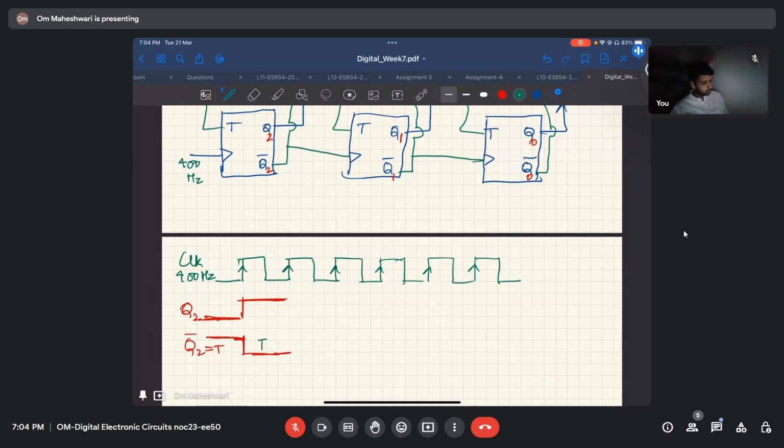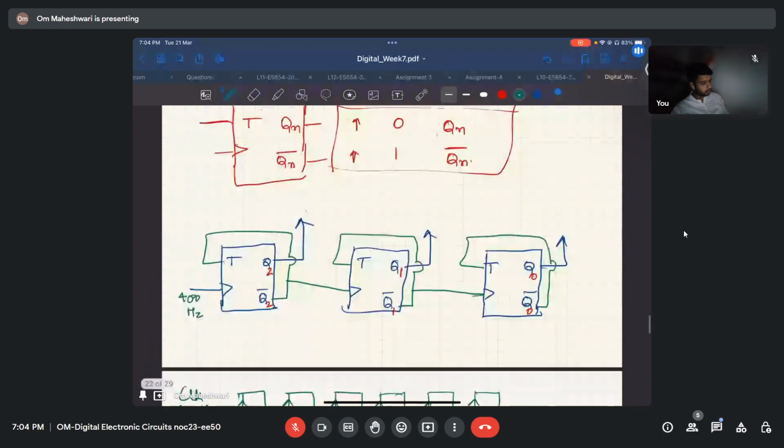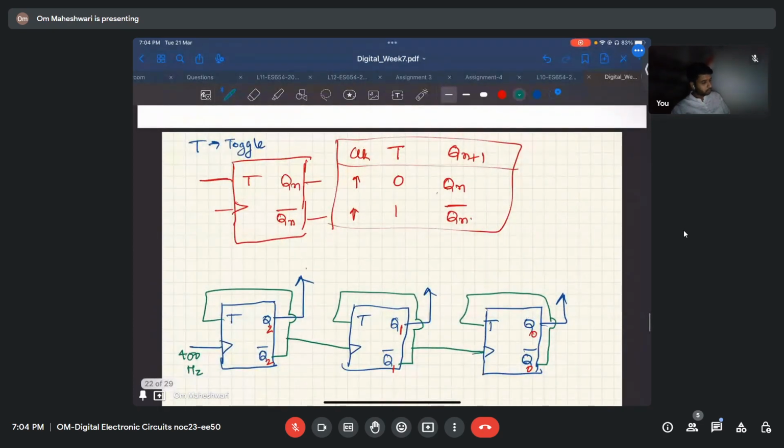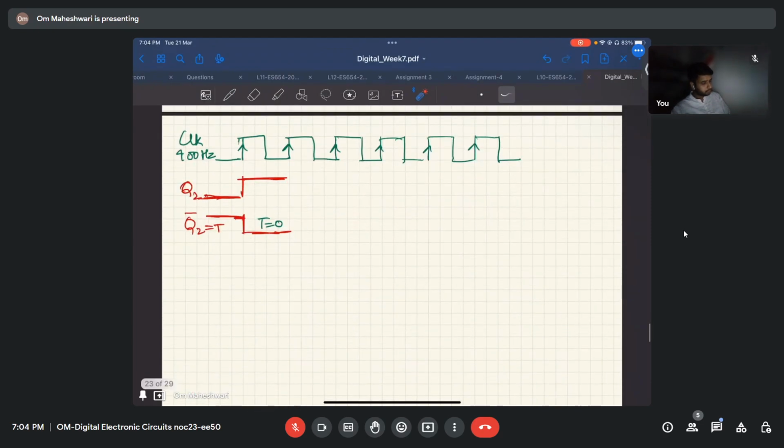Now here T equals 0. In the T equals 0 case, we know the output remains the same. It won't flip. So at this clock edge, it sees that T is 0, so it will continue as it is.